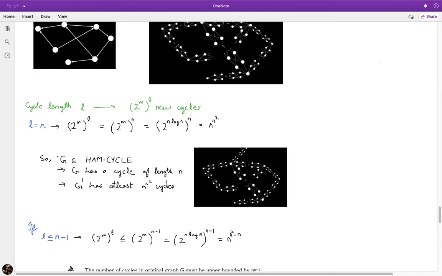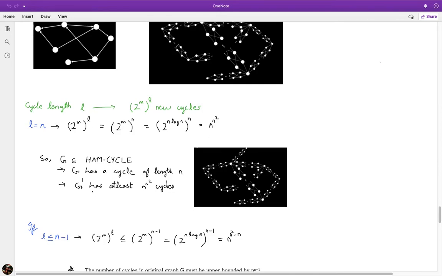So now what we can see is, if G belongs to Ham cycle, meaning the graph G has a Hamiltonian cycle, then G has a cycle of length n, and G dash has at least n power n square cycles. As we saw, the number of new cycles added for this cycle of length n in G would be n power n square.